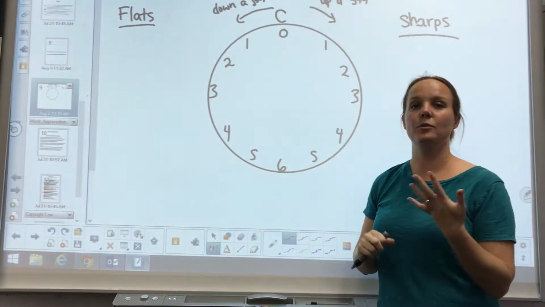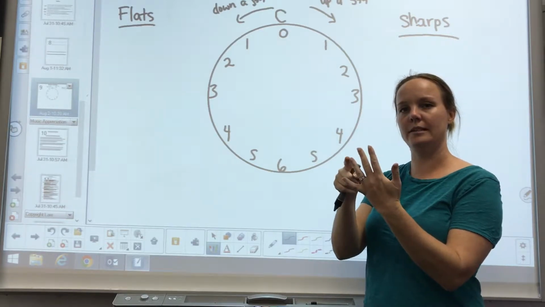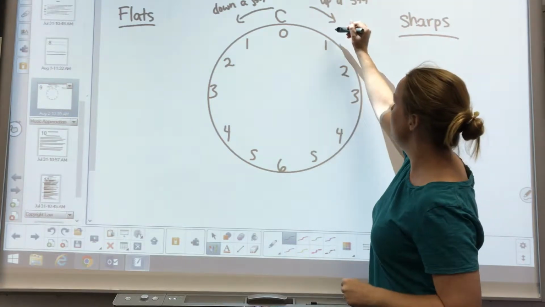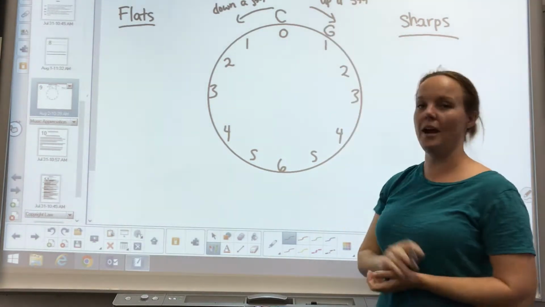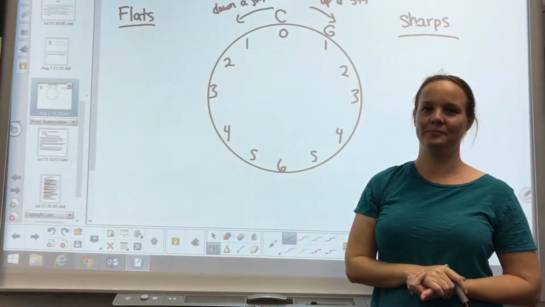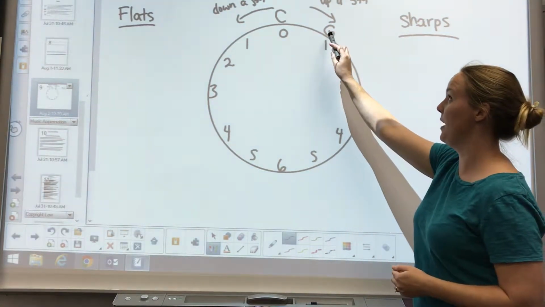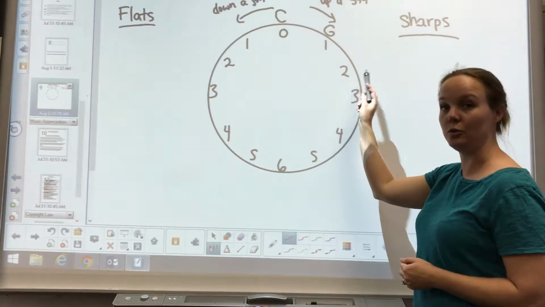So starting on C, if you count up 5, C, D, E, F, G, you land on G. G is our key that has 1 sharp in the key signature. Let's keep going. If we start on G and we count up 5, we will find our key that has 2 sharps.